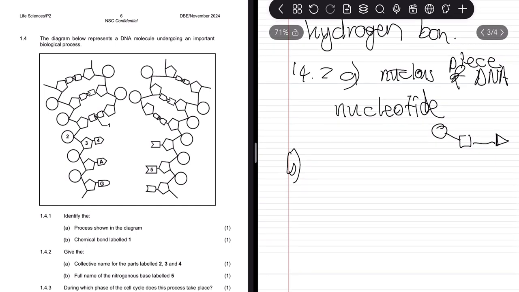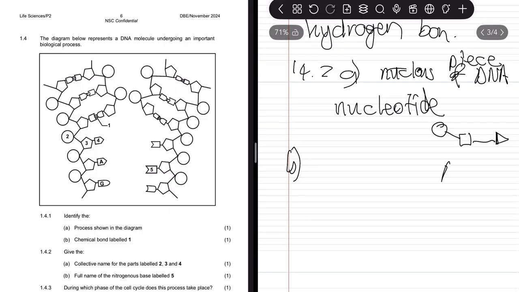Next one. The full name of the nitrogenous base labeled 5. Let's say I have no idea what nitrogenous is, but I know it's a base labeled 5, right? Just to connect the dots, we know the G would go somewhere there and the A would go to the 5.